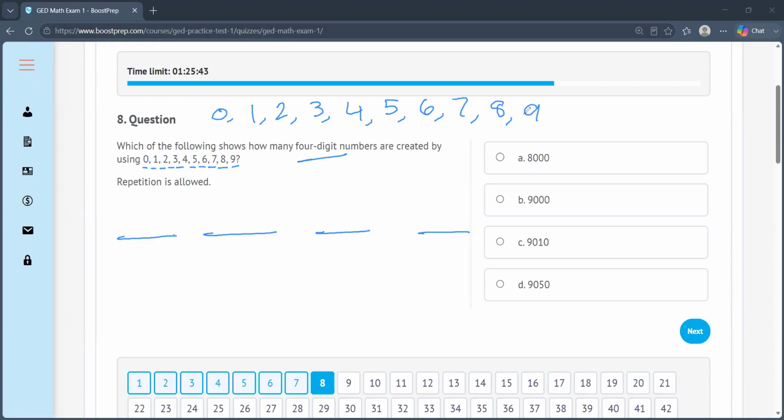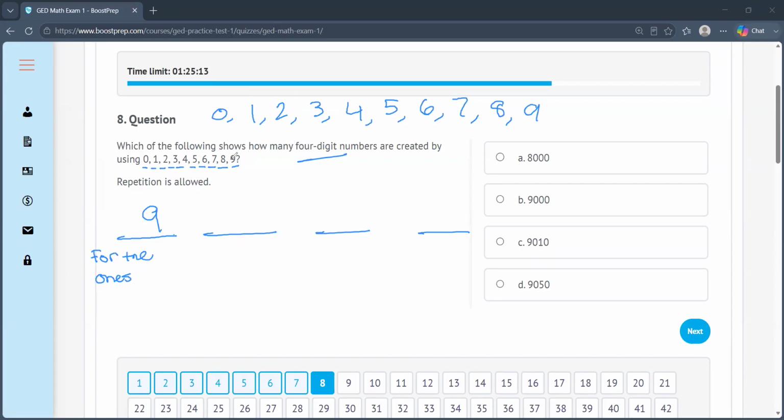How many ones places are there? There would be a total of nine just for the ones, right? For the single digits, right?